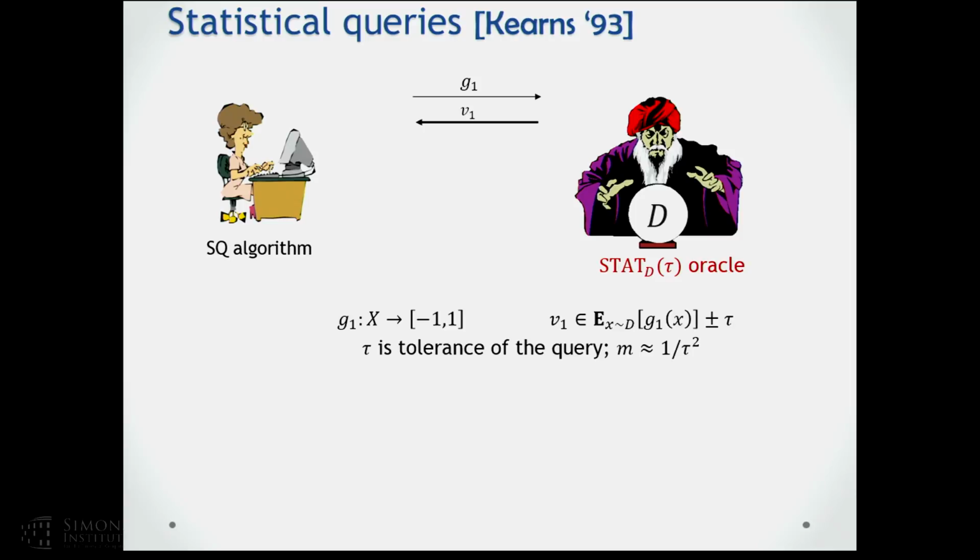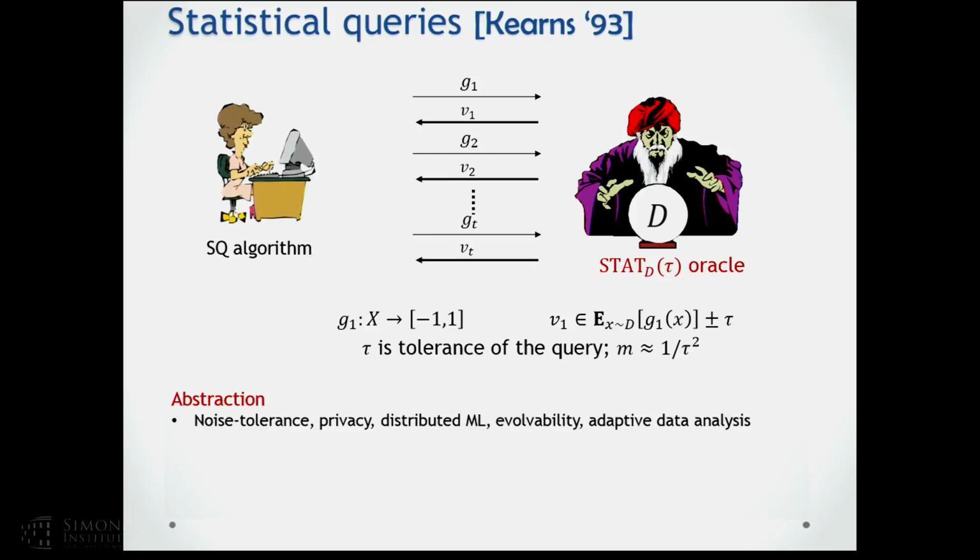Okay, so let me say that the algorithm can ask more than one query, as many basically as it needs. And at a high level, there are two reasons why we study this model. The first one is that it's an abstraction of the information that an algorithm might want to have about the input distribution.